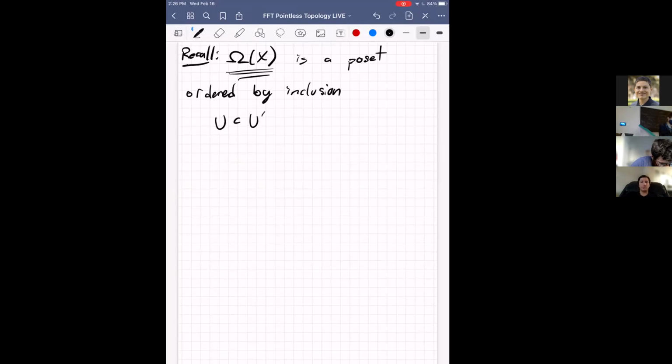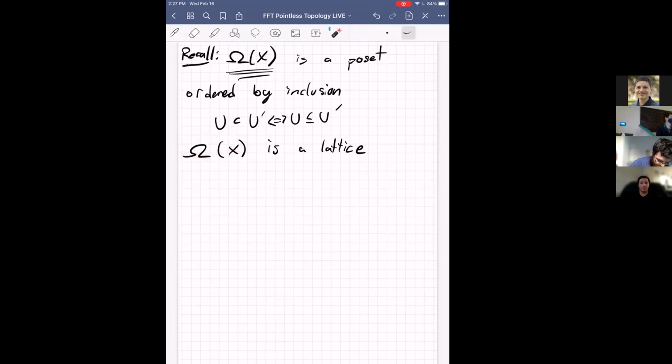Now I can always take the union of two subsets and get another subset, and I can take the intersection of two subsets and get another subset. So omega x is a lattice. Importantly, I needed to use the axioms of a topological space here, because I wanted the union of two open sets to be an open subset, and the intersection of two open sets to also be an open set.